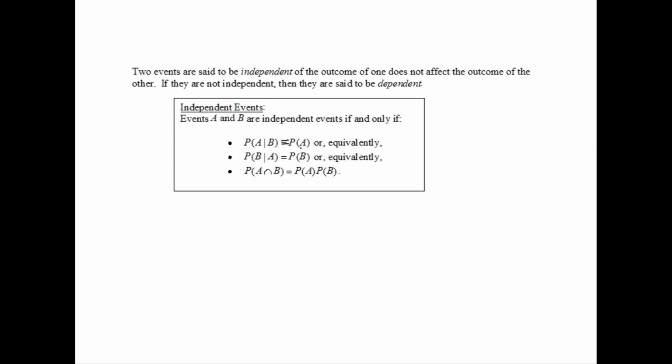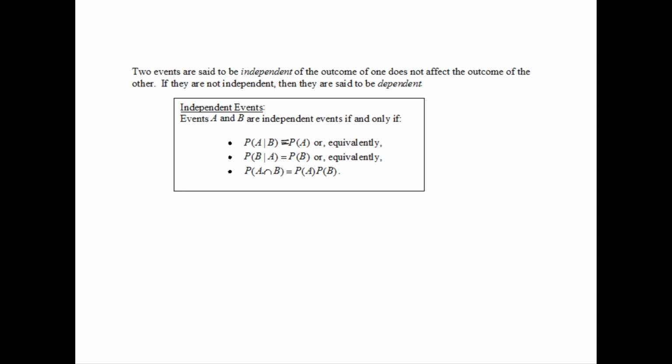Probability of A given B is equal to the probability of A. Probability of B given A is equal to probability of B. In other words, A being given does not at all change the probability of B occurring. In the very top test, B occurring, being given, which is what follows the vertical line, does not affect the probability of A occurring.